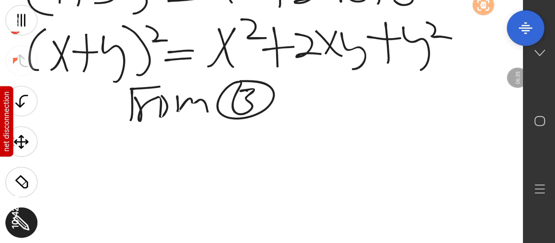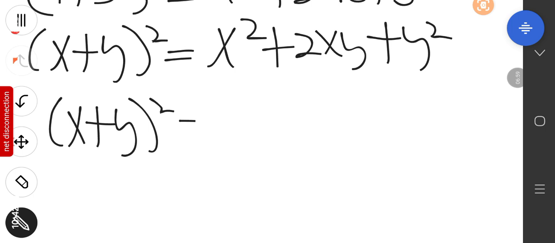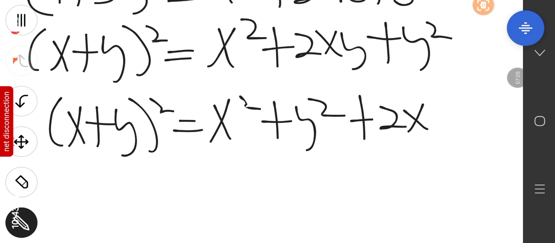Before we apply equation 3, let's group the terms of the expression here to take the form of equation 3. So we are going to say x plus y squared equals x squared plus y squared plus 2xy.